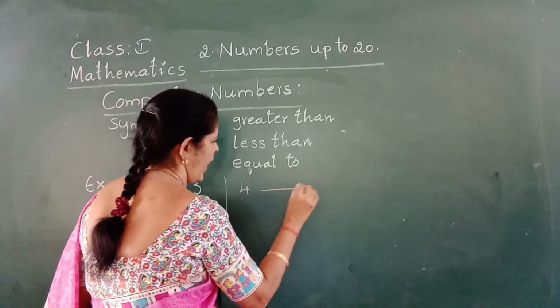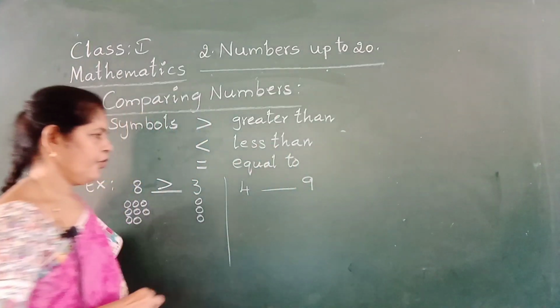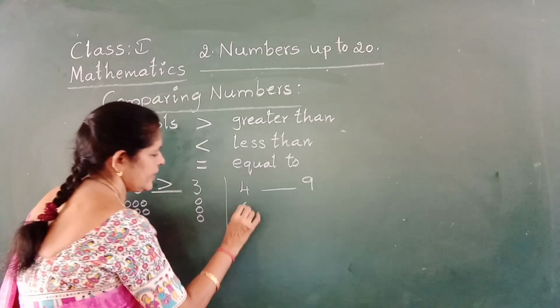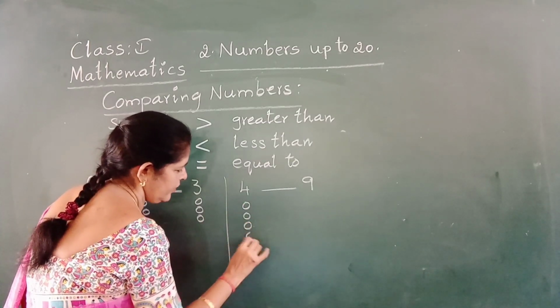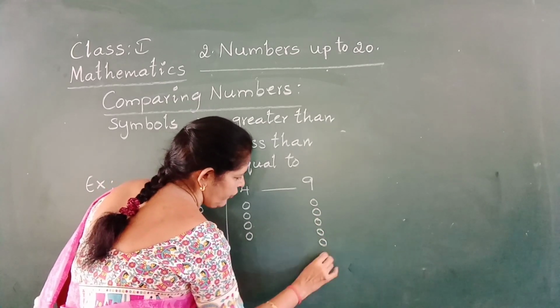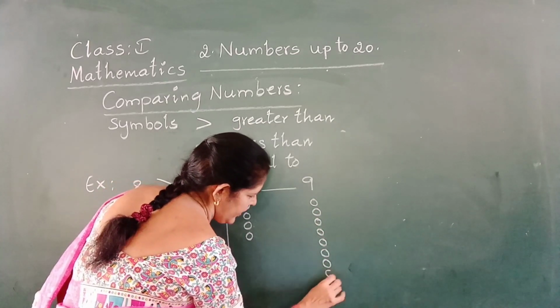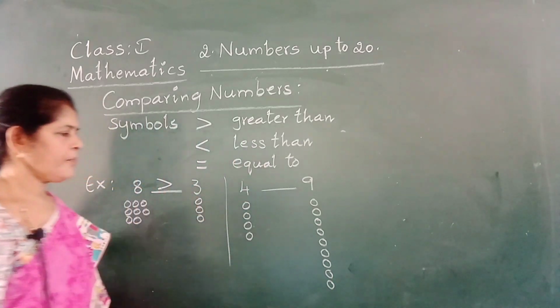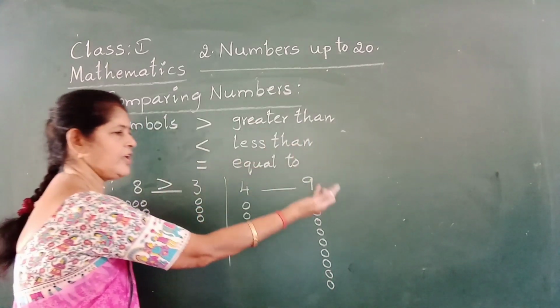4 and 9. See, 1, 2, 3, 4. 1, 2, 3, 4, 5, 6, 7, 8, 9. Which number has more? 9 has more.